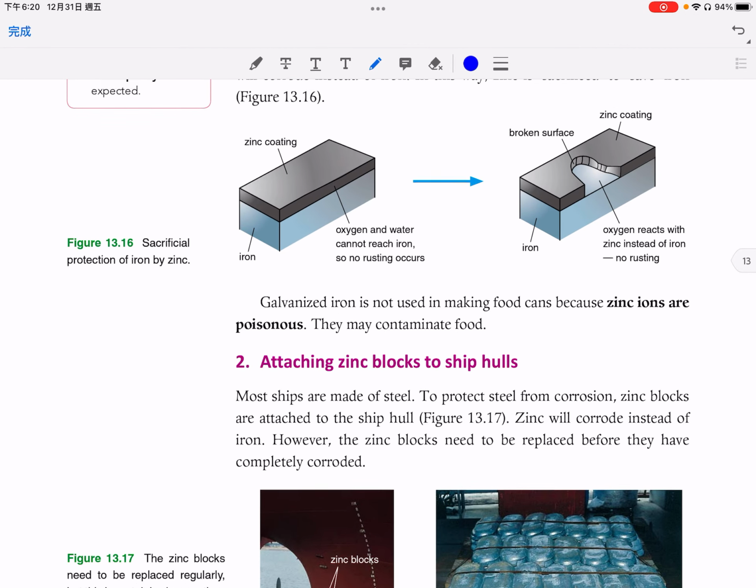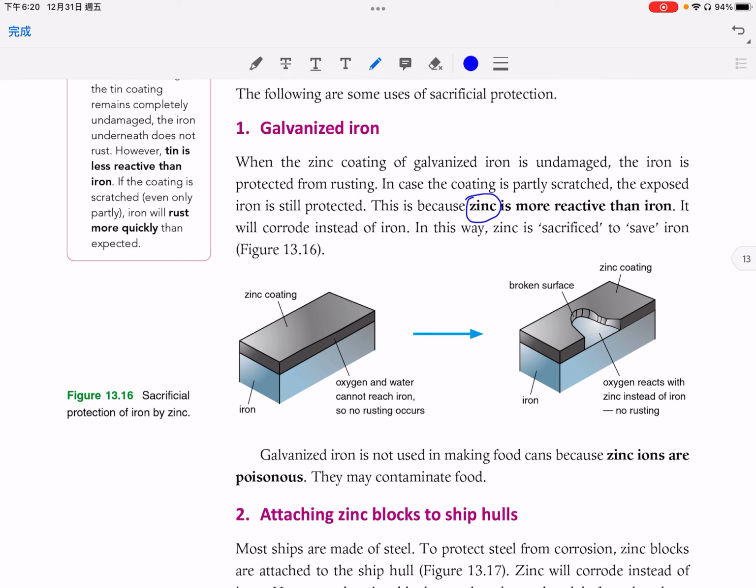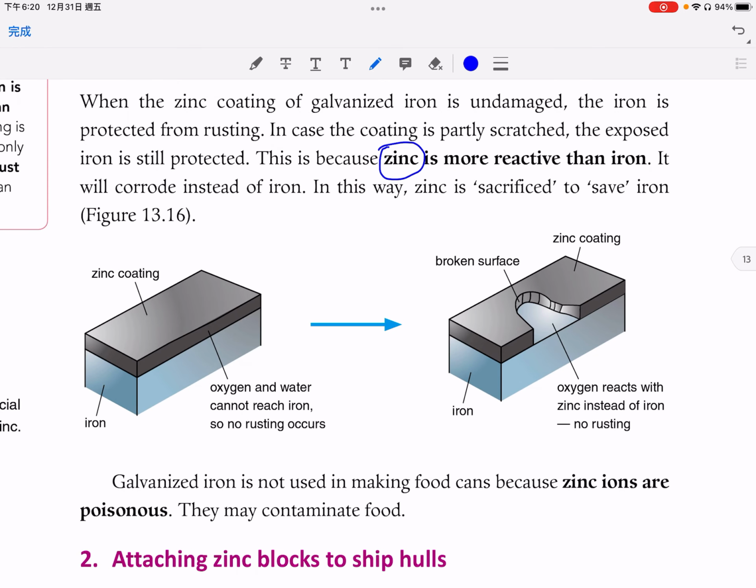So let's discuss zinc a little bit. First, using this photo, we can discuss the reactions. Again, if we use the perspective of redox reaction or chemical cells, we can quickly identify that this is the anodic region.